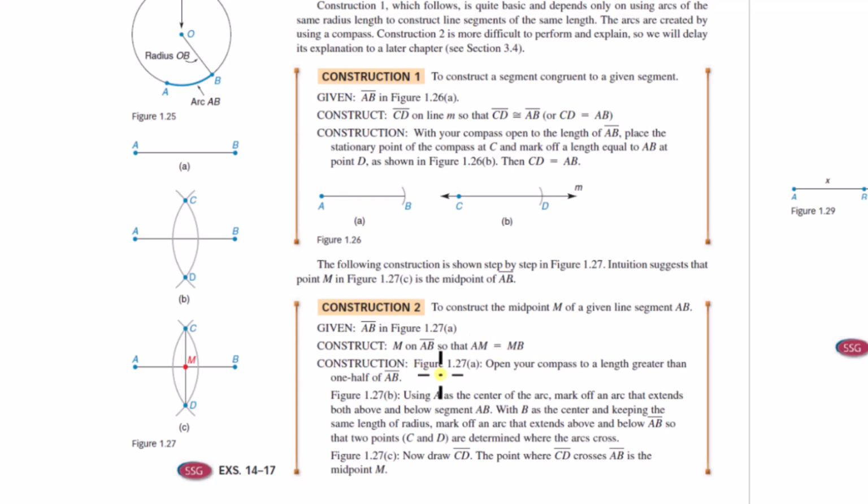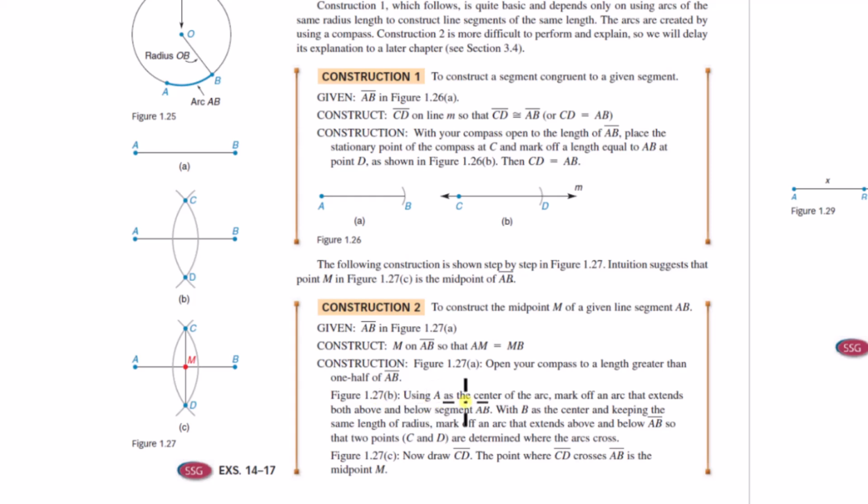So, figure 1.27A: open your compass to a length greater than 1/2 of segment AB. The radius would be from A to about here, and it's greater than 1/2 of AB. So fix the compass here, make the radius something where for sure it's greater than 1/2 of AB, and then tighten it in.